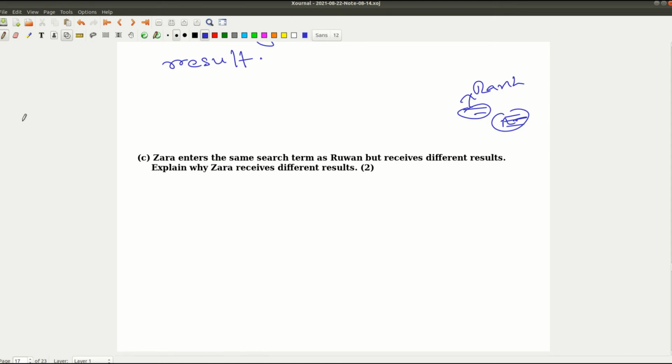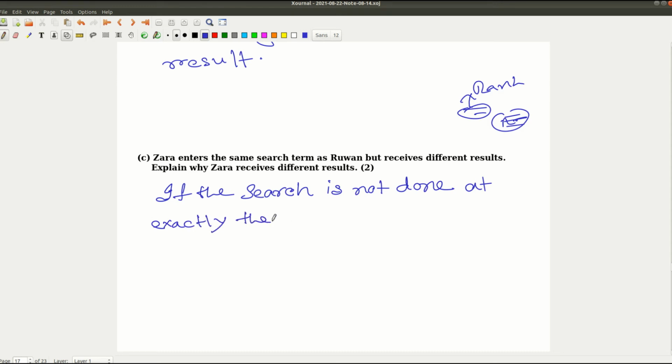So on that basis, I can say that if the search is not done at exactly the same time, then the algorithm may have updated.